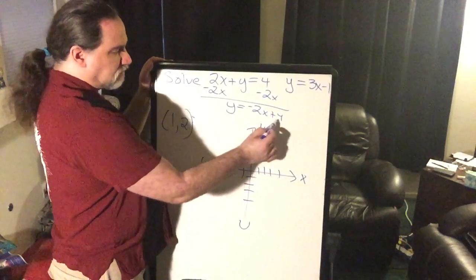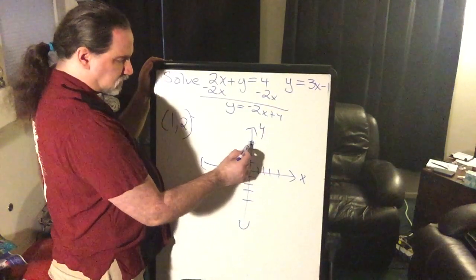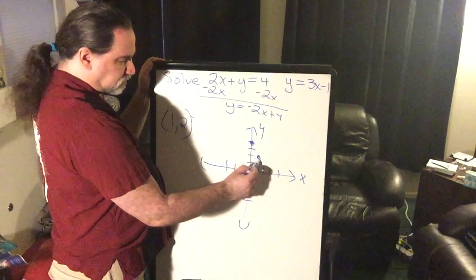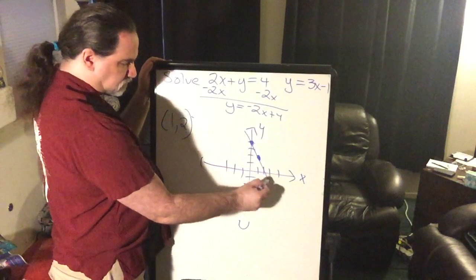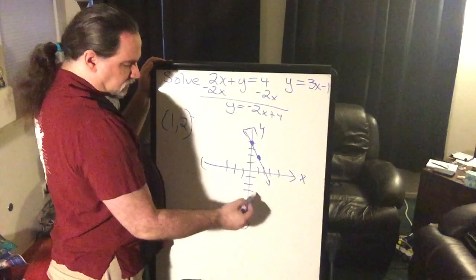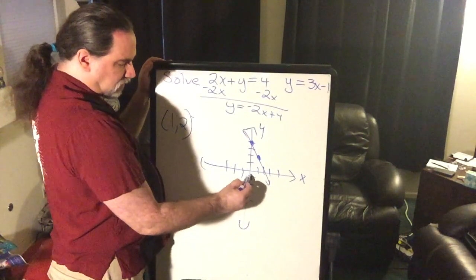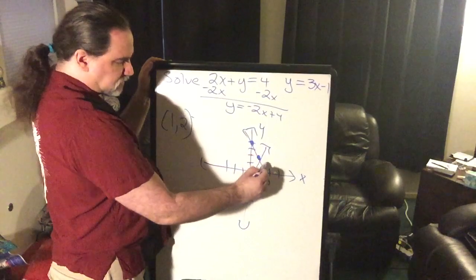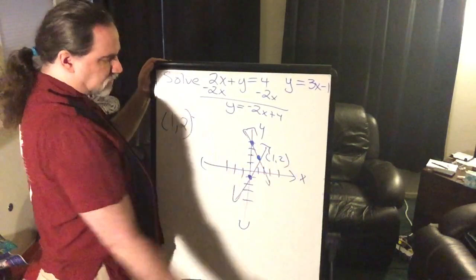So starting here at 4, going down 2 and over 1. Here I start at -1. I go up 3 and over 1. And you can see very clearly they intersected at that point.